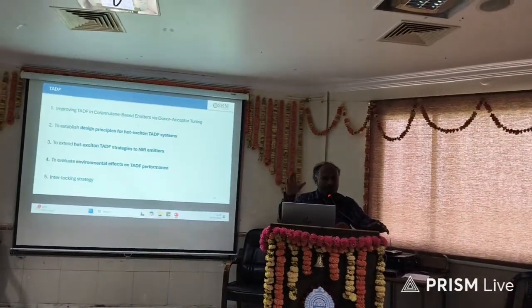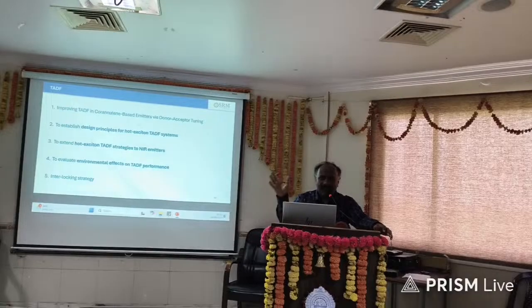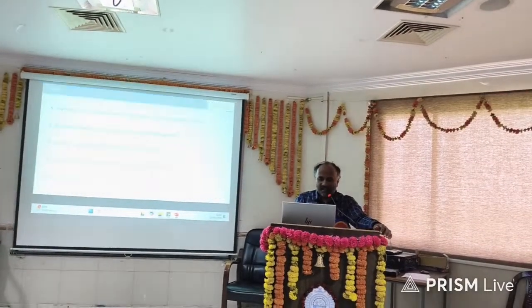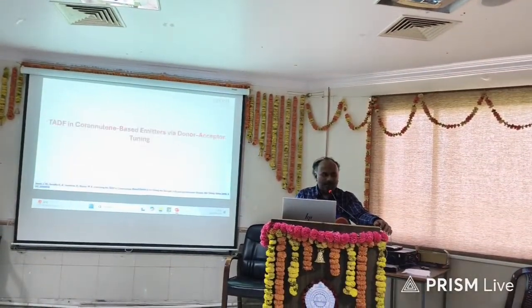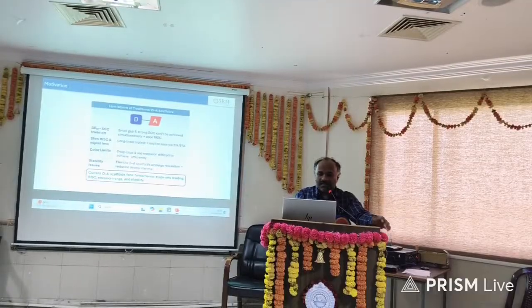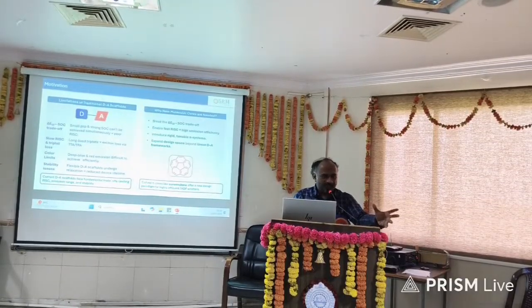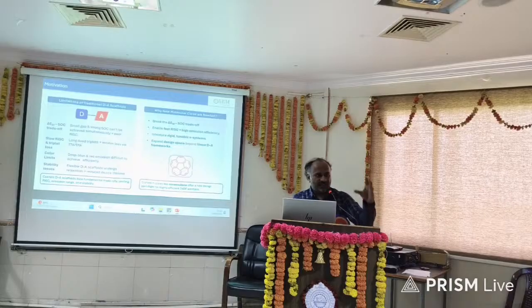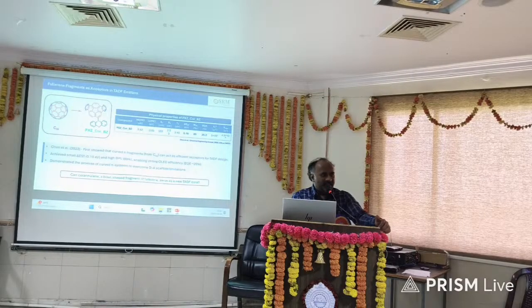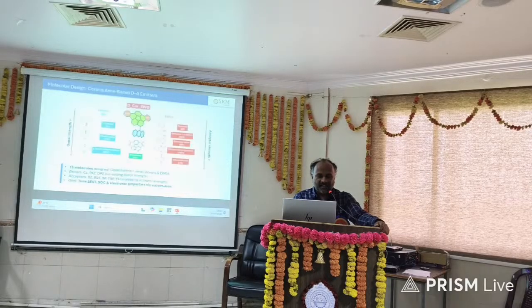So we have our own targets, and with these targets we design the molecules. As I told, we take donor and acceptor type molecules, and here we have taken a corannulene kind of molecule. Corannulene, I think you know the fullerene, is a fragment of fullerene. With that we try to introduce different functional units so that we can change the color.